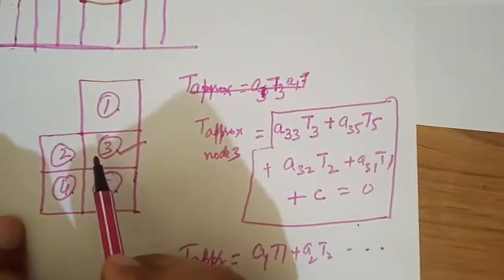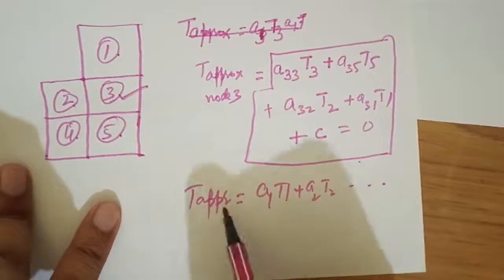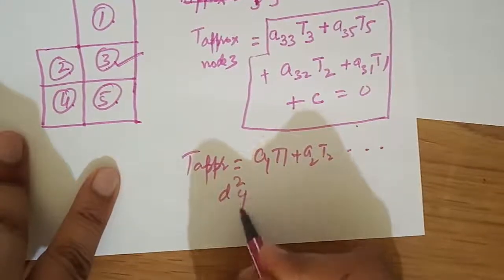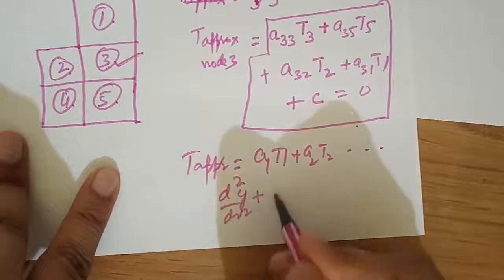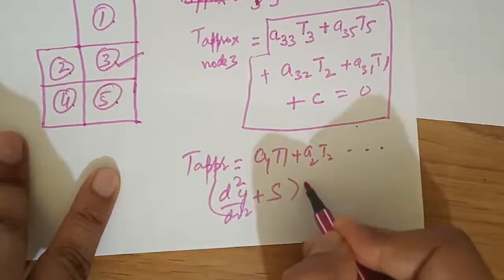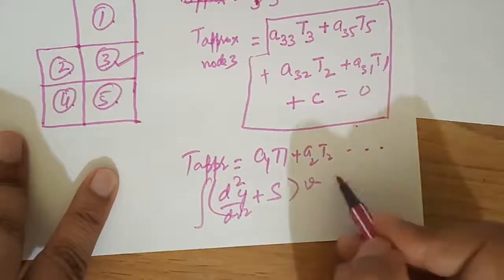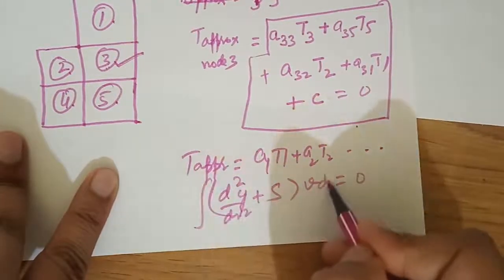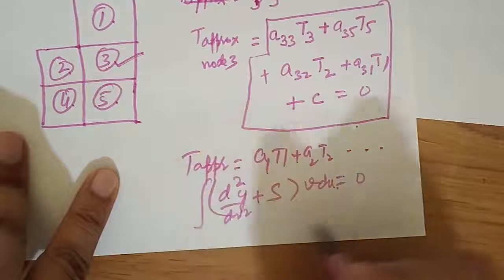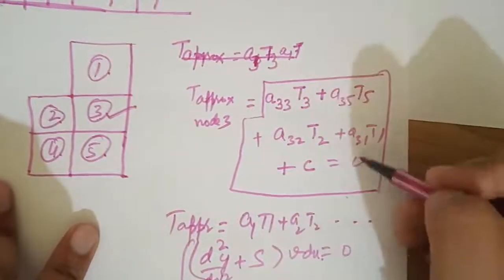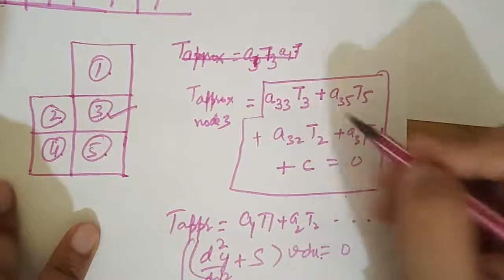And particularly for node 3, we will put this T approximate in the governing differential equation, say in V form or D form or M form, and then equate it equal to 0. By doing this, we will essentially get an algebraic equation of such type.